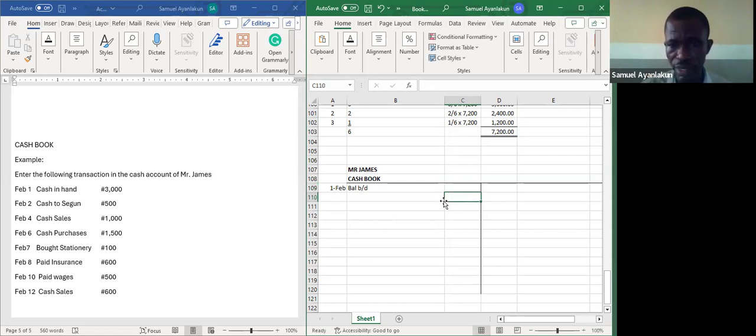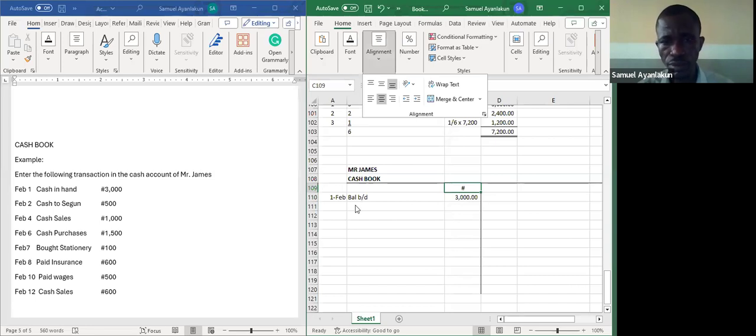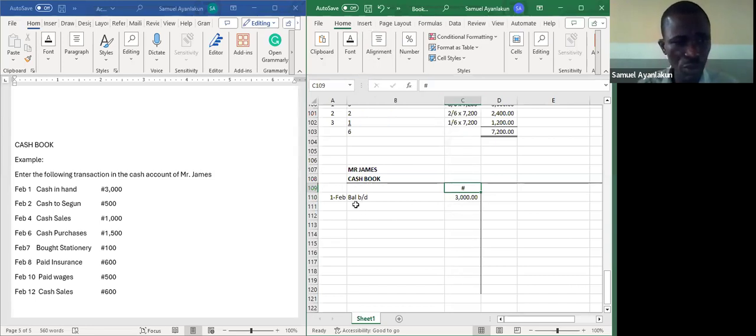Let me start from this one. Balance 3,000 naira. Then February 2.